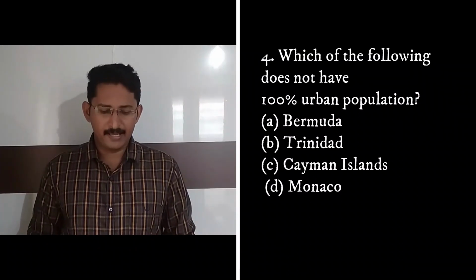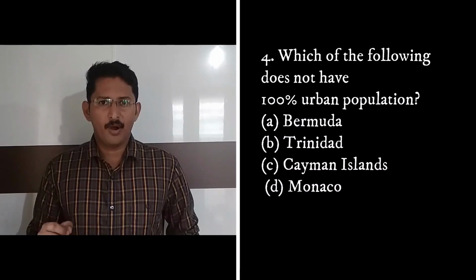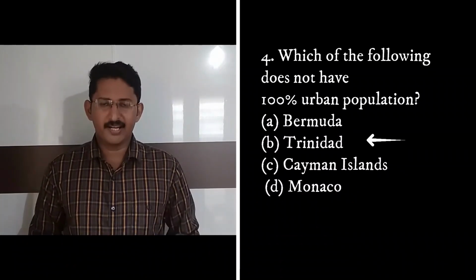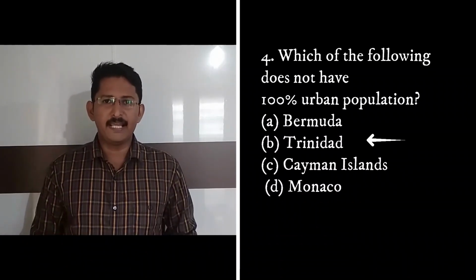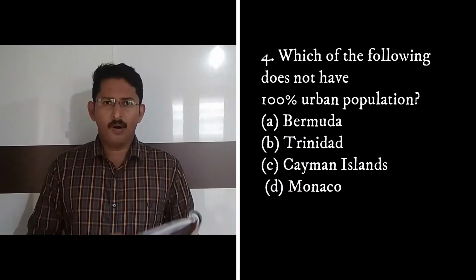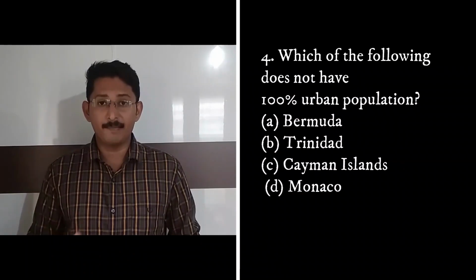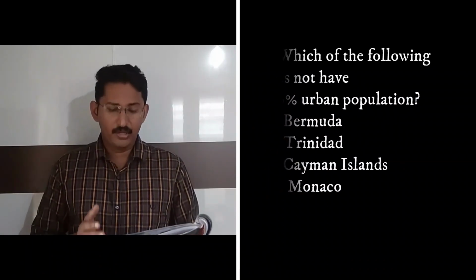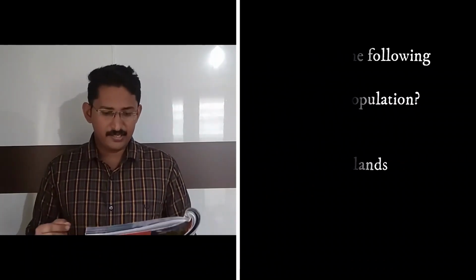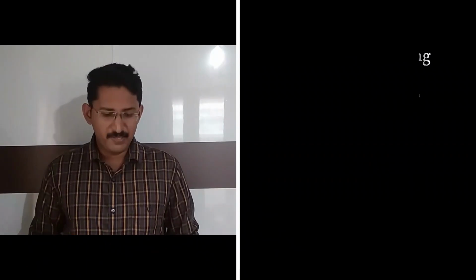So which is the right answer? Of course, option B, Trinidad. We need to mark option B, Trinidad. All the other regions have 100% urban population compared to Trinidad. So Trinidad is the right answer, option B.